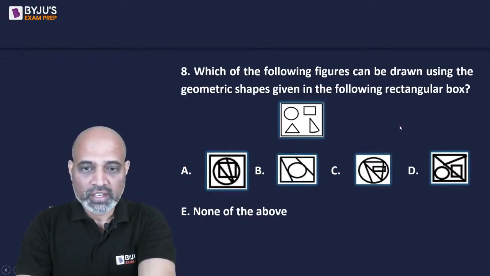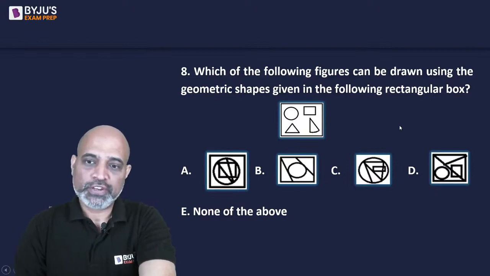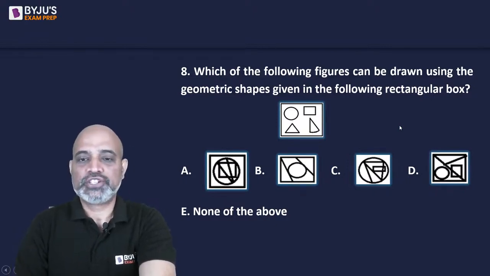Chalo. Next one. Which one of the following figures can be drawn using the geometric shapes given in the following rectangular box?